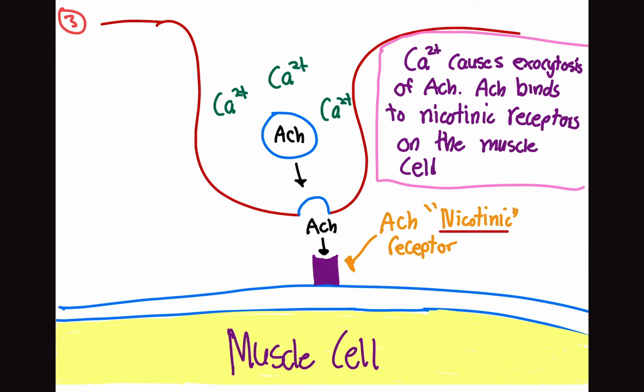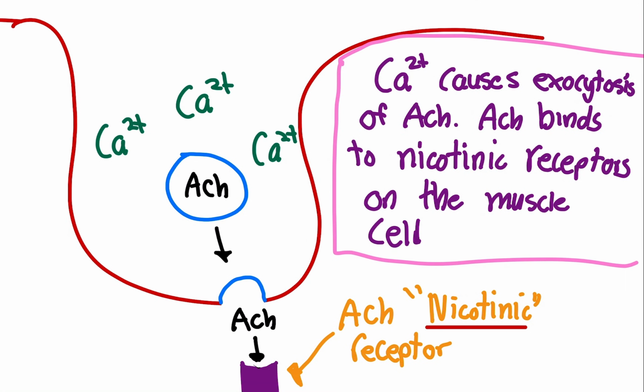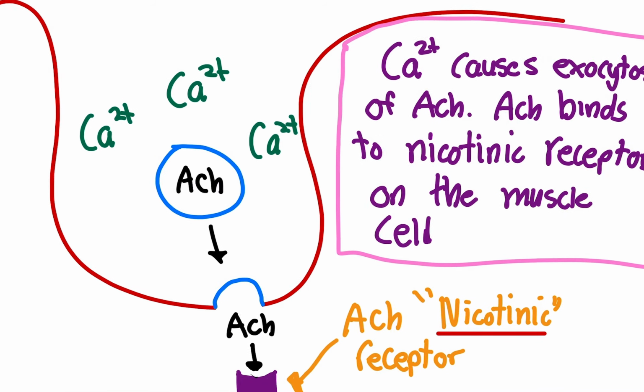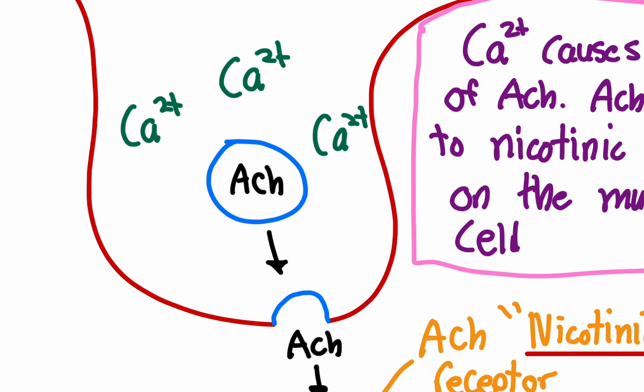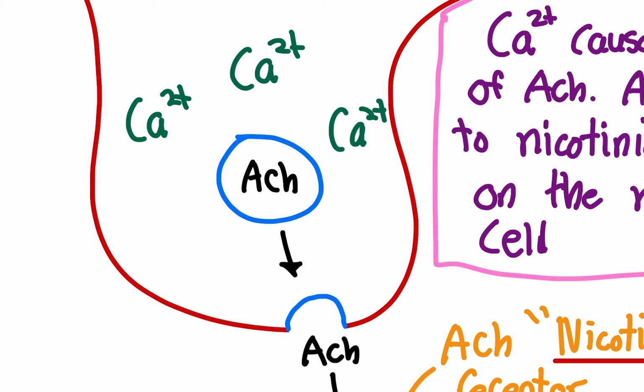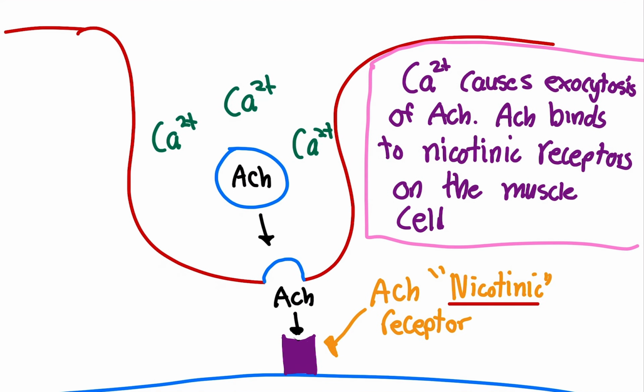Now is when it's going to get a little busy here. Don't worry. Calcium is going to cause exocytosis of the vesicles, and these vesicles are holding acetylcholine. Acetylcholine is the neurotransmitter you need to be concerned about here. Very, very important.